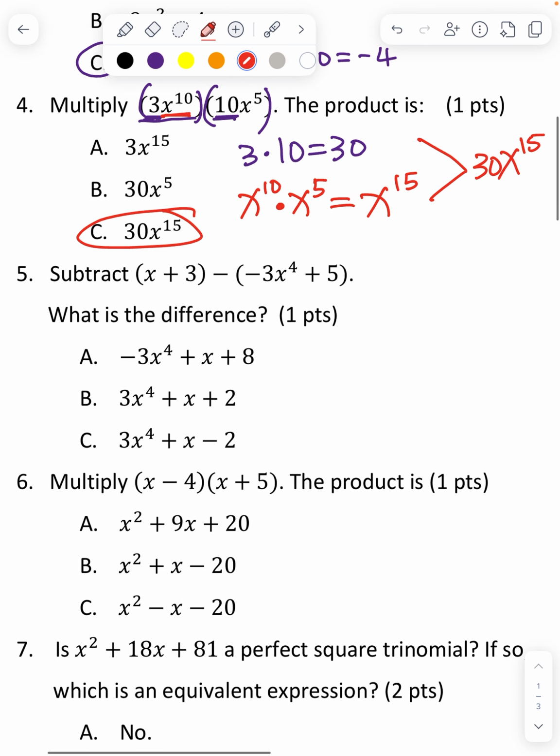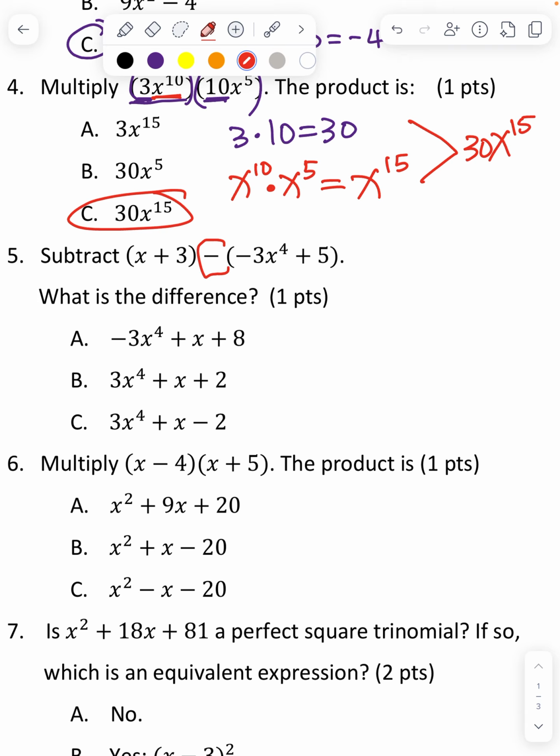Number 5, subtract. Okay, here it's not adding anymore, it's subtract. X subtract negative 3. Look at all the answers.